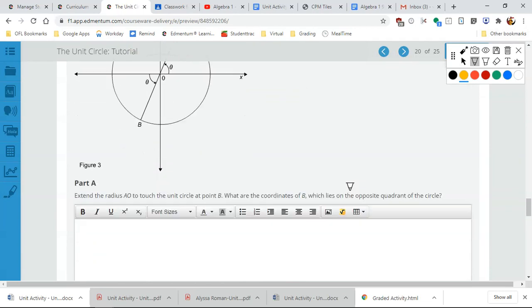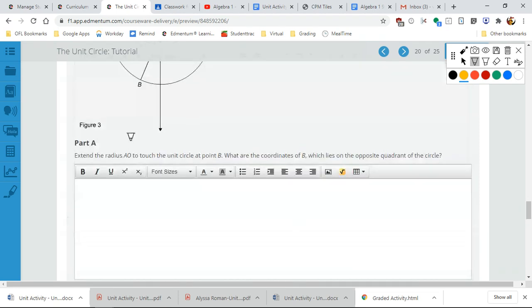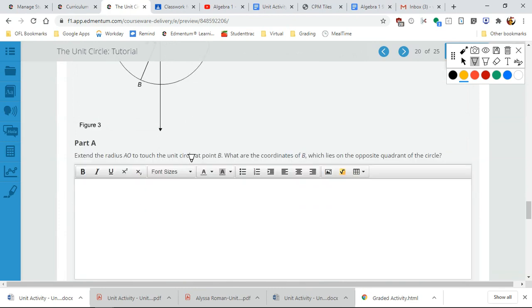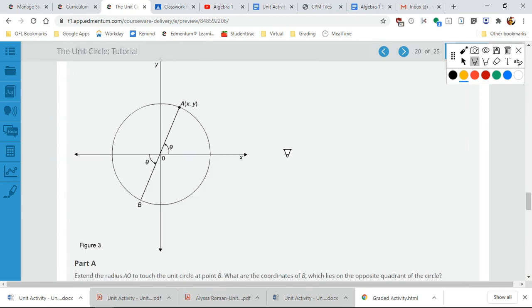All right, so now we're going to be talking about extending AO to this one. B, which line represents the opposite quadrant of the circle? Extend AO over to B. What are the coordinates?